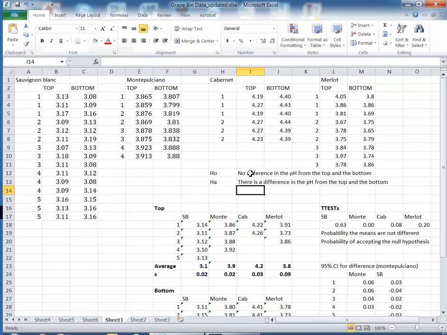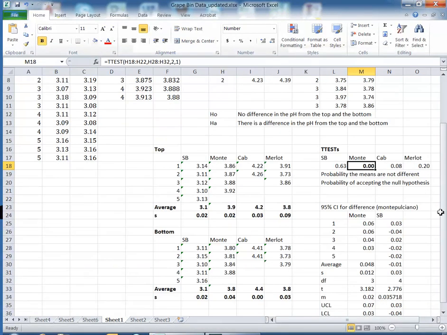So we'd accept the null hypothesis for all these hypothesis tests, except for Montepulciano. So that's the only one where there's a significant difference here. So that's a very simple way of doing it, the t-test strategy.